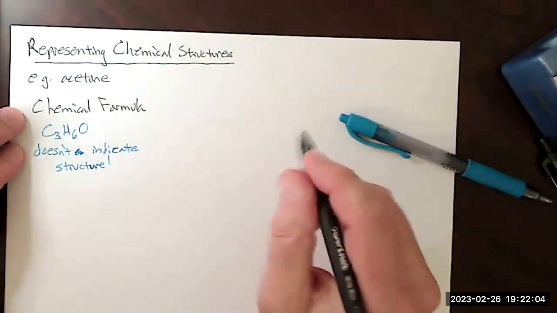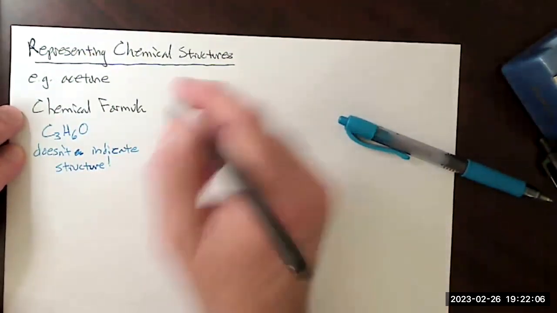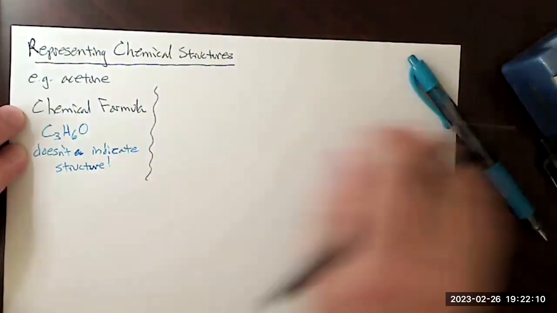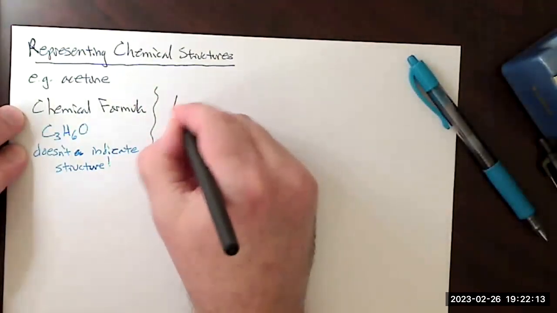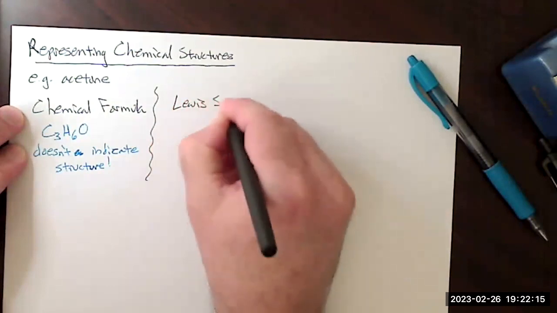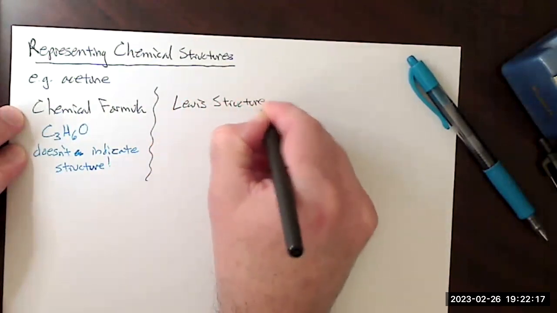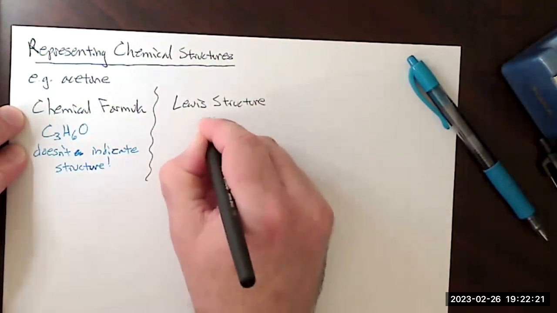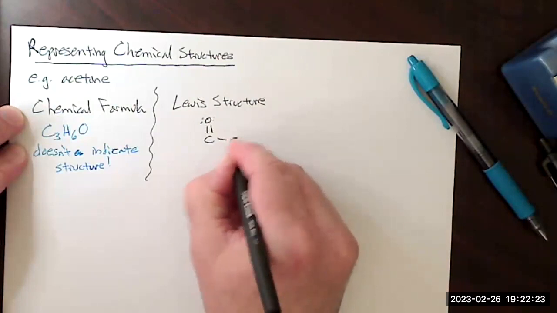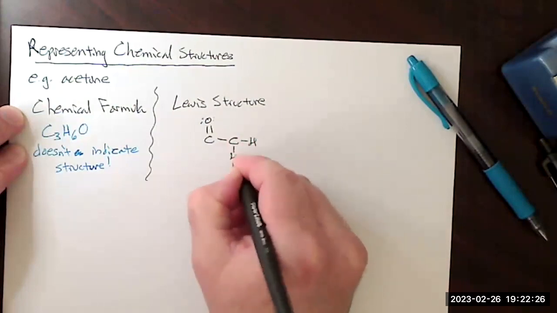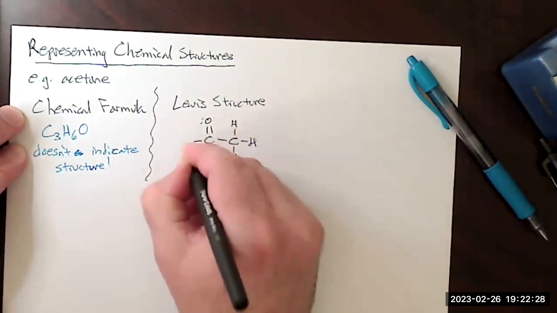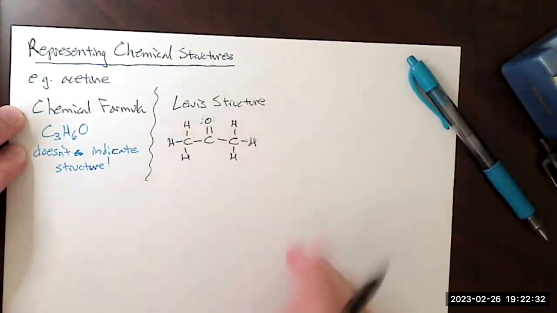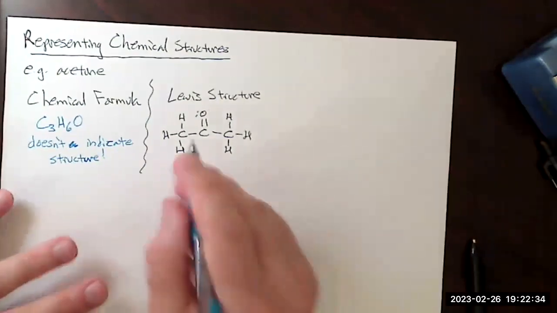So we could draw something that indicates structure, like a Lewis structure. And again, you should take a look at the handout on drawing Lewis structures. This doesn't show geometry.